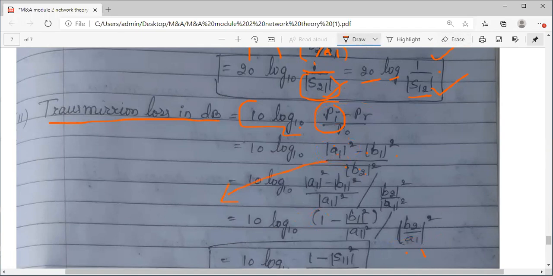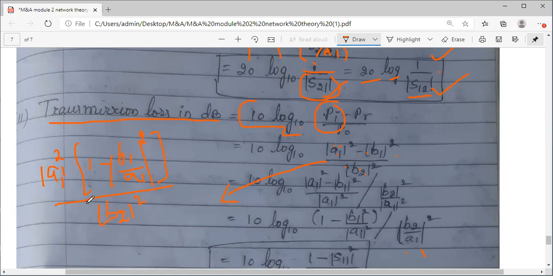After this, I have taken A1 common. If I take A1 squared common, what will I be left with? This will become 1 minus B1 divided by A1, and this is squared, so let me take the square commonly, divided by B2 as it is.